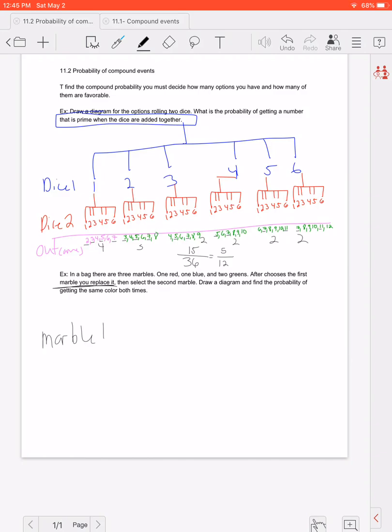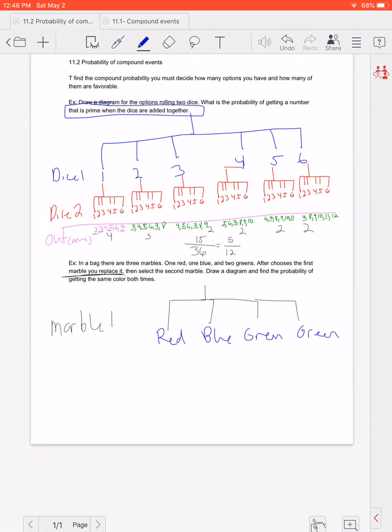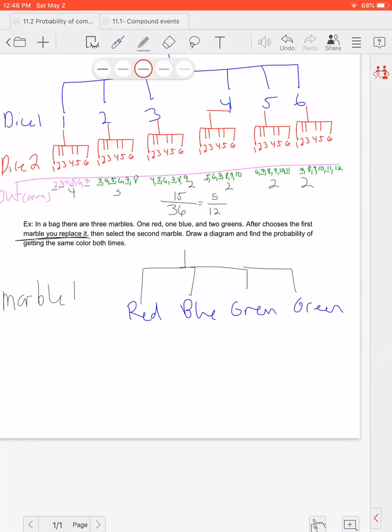So marble 1, our choices are red, blue, and green. Oh, and there's 2 greens, so I actually have 2 greens for my first choice. So we have red, blue, green, green. Okay, we can shorthand that if we want. Now marble number 2, or round 2, from the red, I could choose red, blue, green, or green.